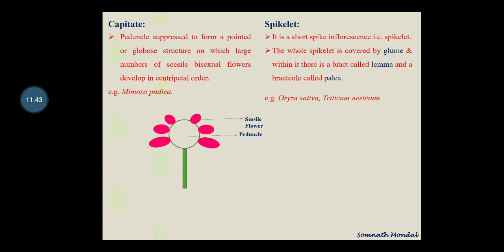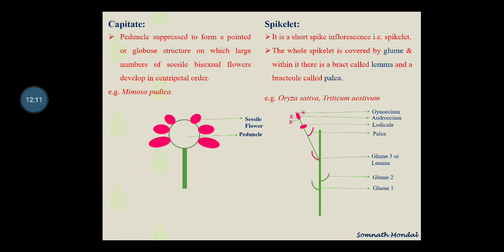Now this is found in the members of Gramineae like Oryza sativa and Triticum aestivum, that is paddy and wheat. So this is the image where we can see glume 1, glume 2, glume 3 is called lemma, followed by the bracteole palea, then lodicules, and at the center the two essential whorls, androecium and gynoecium.